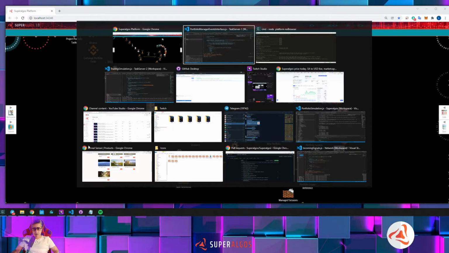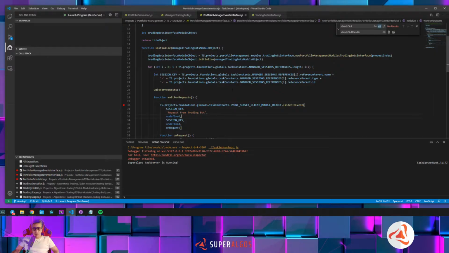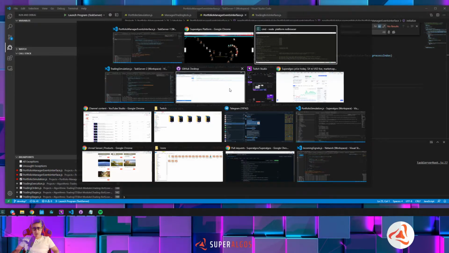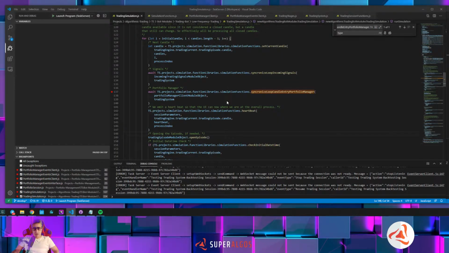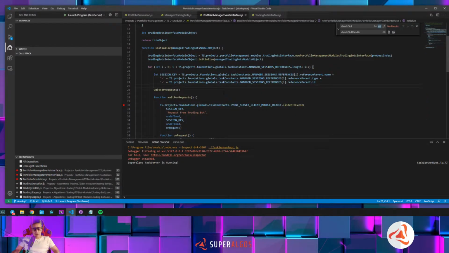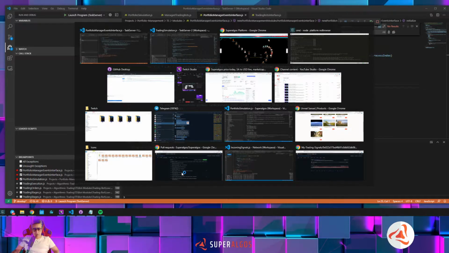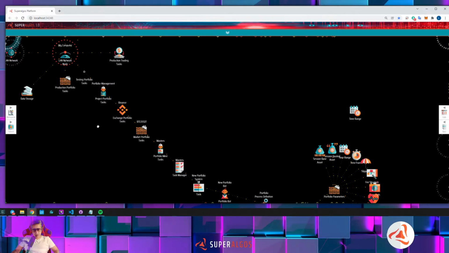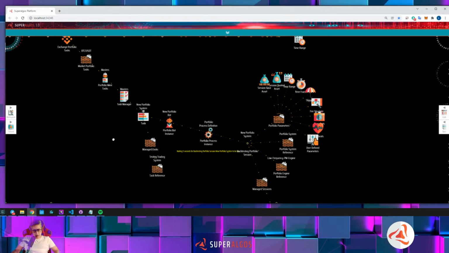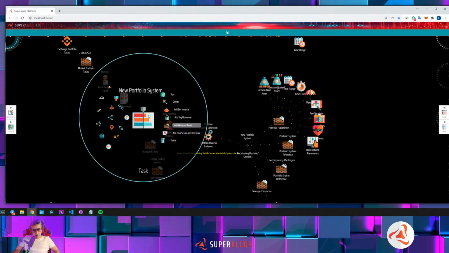Okay, my mistake. There is a certain order to do this. The order is that I run this guy, the portfolio bot, and once it's running, then you need to run the UI or to connect the bot with the debug option here.